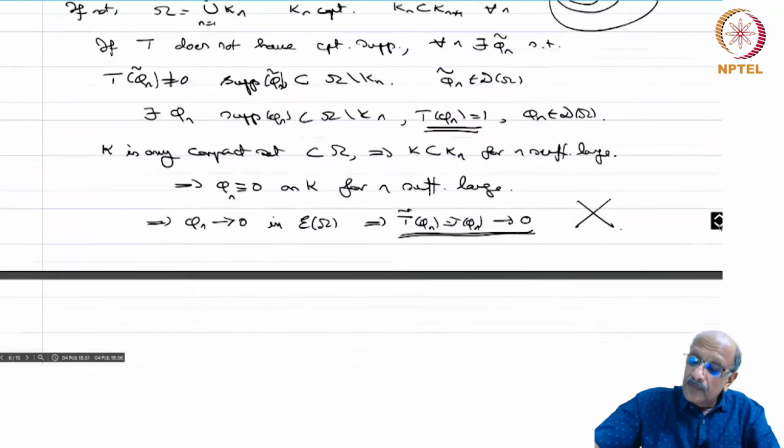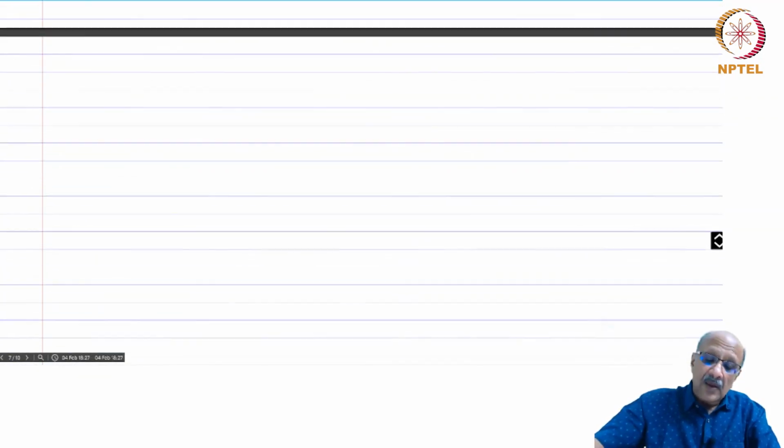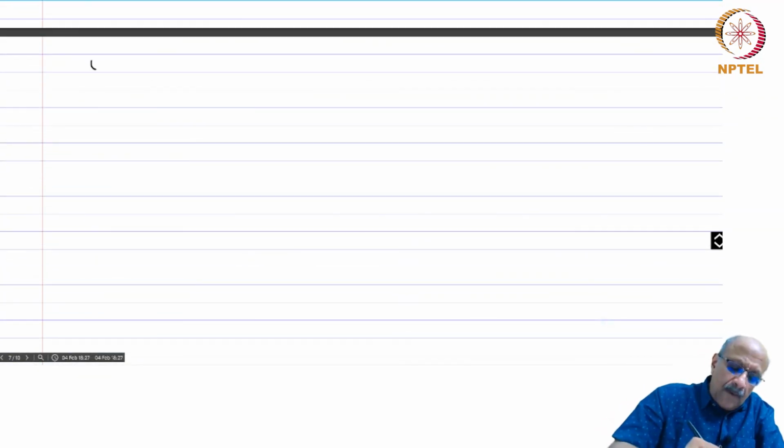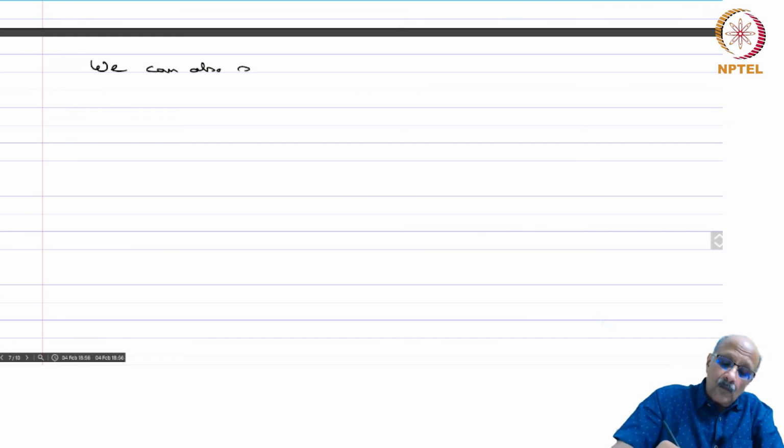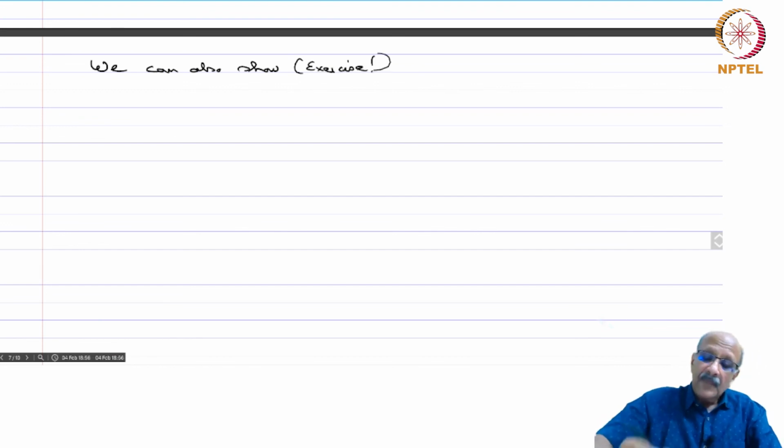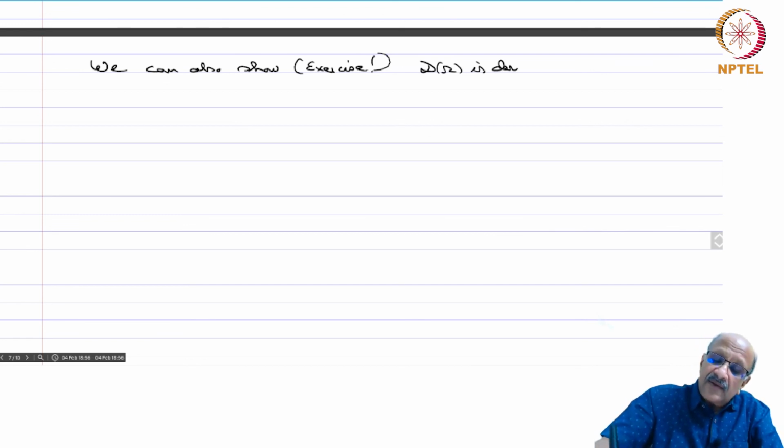We can also show, as an exercise, that D of omega is dense in E of omega.